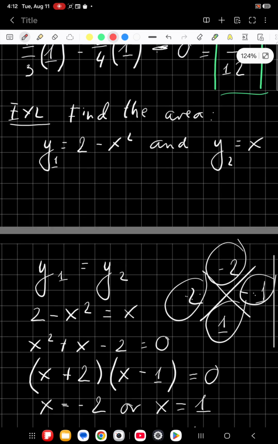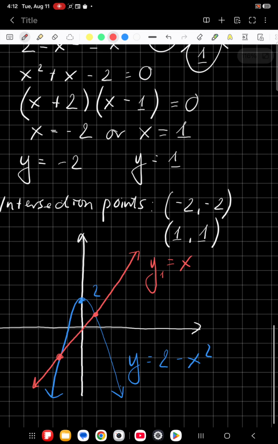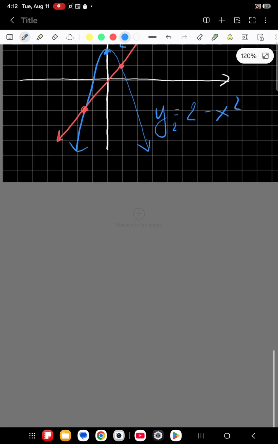Let me just label those. y1 was the red one, so this is y1, and the other one, the blue one, was y2.